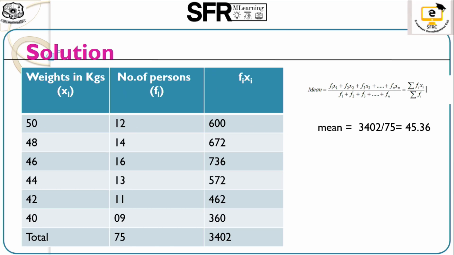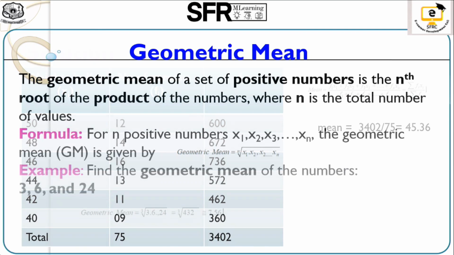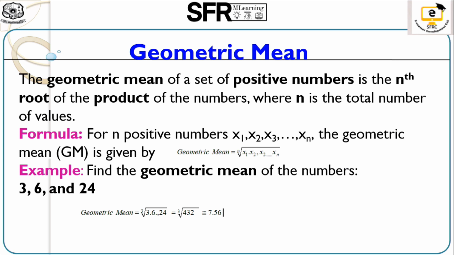The formula is mean equal to summation of fi xi divided by summation of fi, that is the total number of persons. Here the total number of persons is 75. Therefore, we get 45.36.